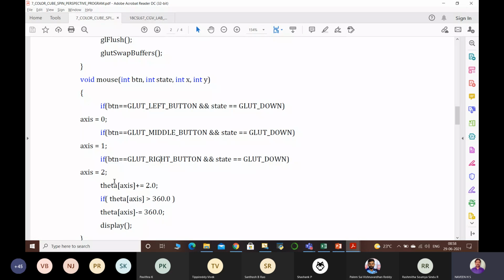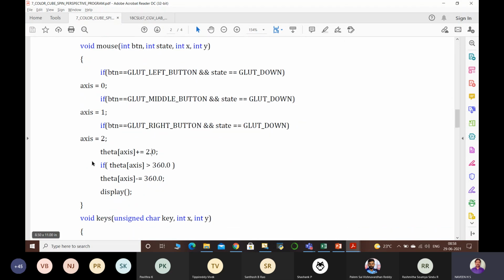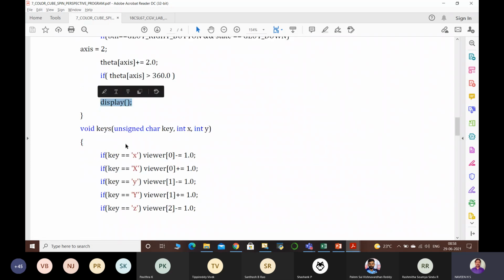Okay, and this speed you can change here. So instead of 2, if you change to 3, 4, 5 or 1, something like that, the value will change accordingly. And again the spinning will take place with respect to 360 degrees. So it will be rotating completely at all angles, and your display function is going to be called. So display means whatever we have seen here.